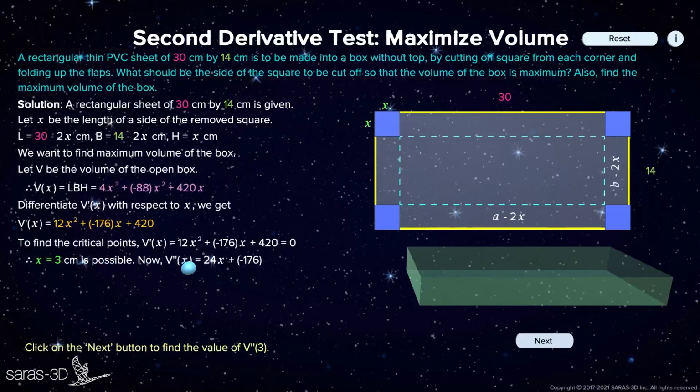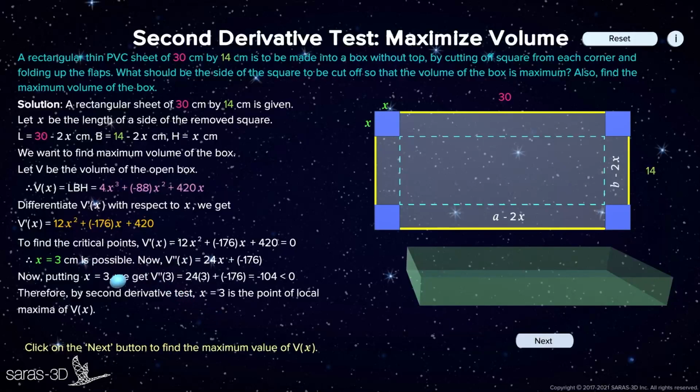And if this value comes to be greater than 0, that means we will have local minima. Let us check that. So substituting the value of x equal to 3 here, we get it to be minus 104. That is less than 0. That means by the second derivative test, we can say that x equal to 3 is the point of local maxima of v of x.